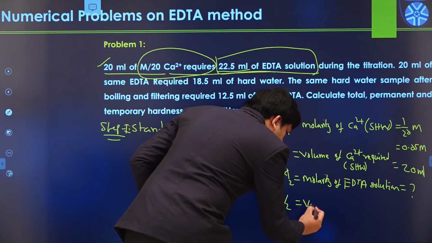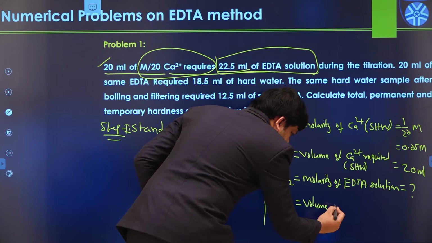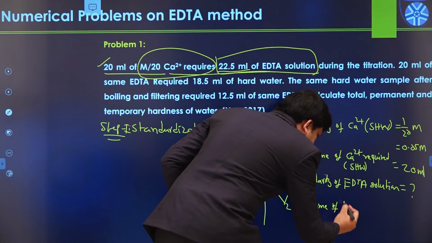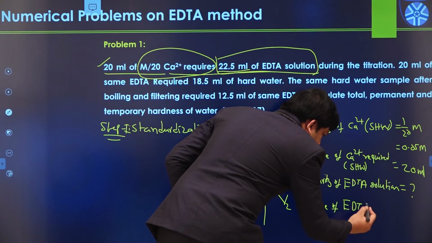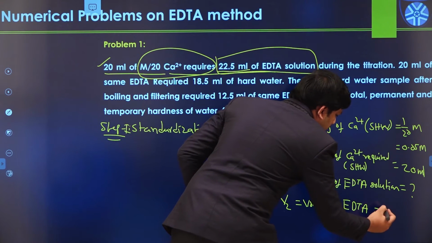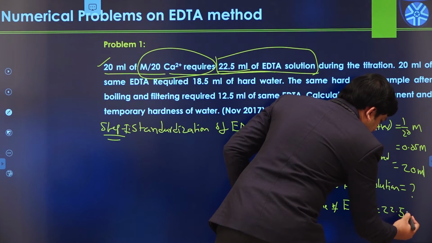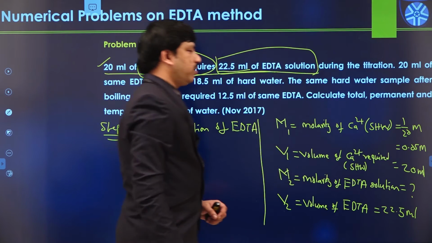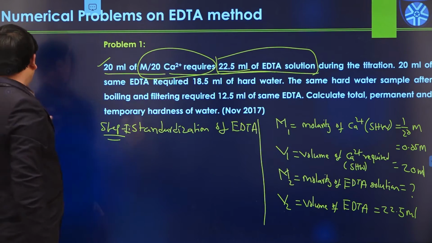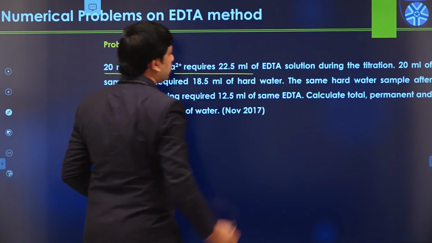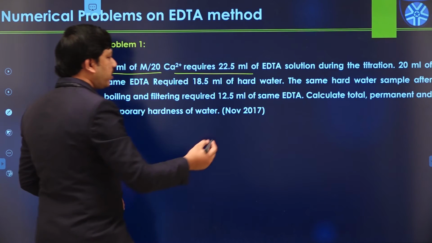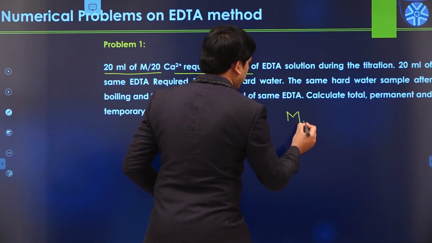So volume of EDTA required is 22.5 ml. Like this, from the first statement, we have some data. What is the M1 value we have?